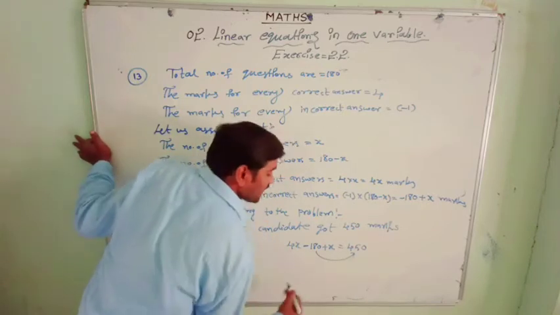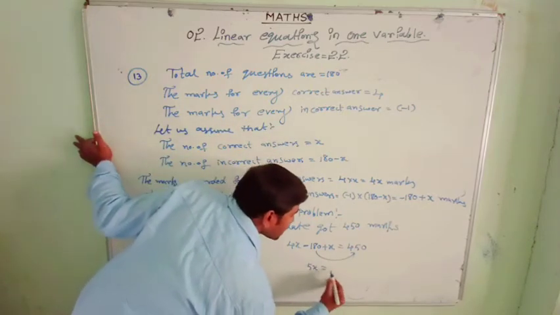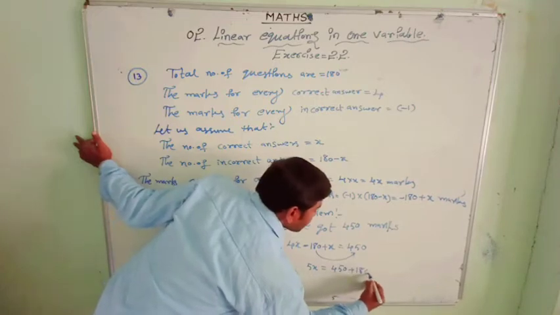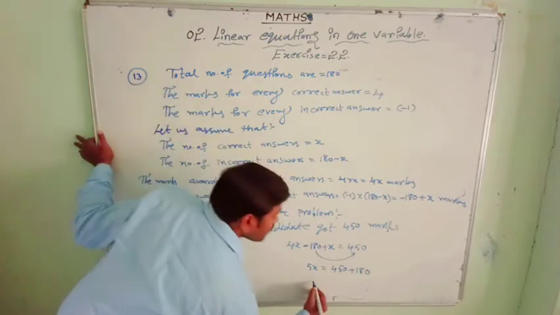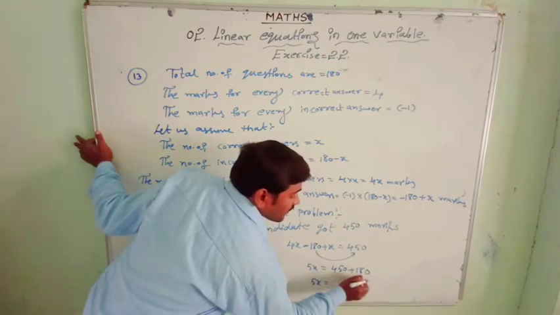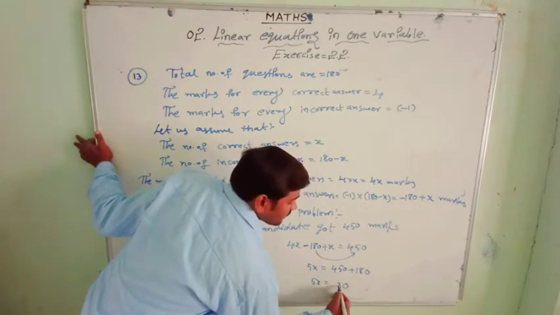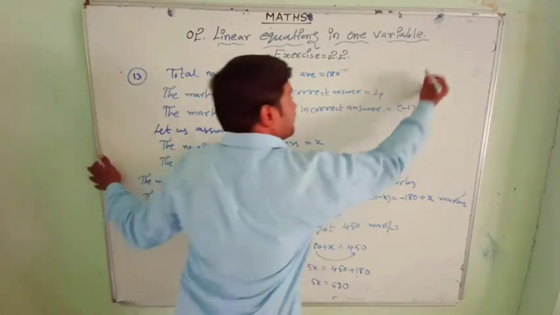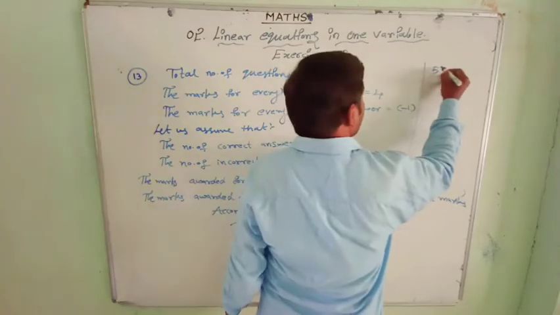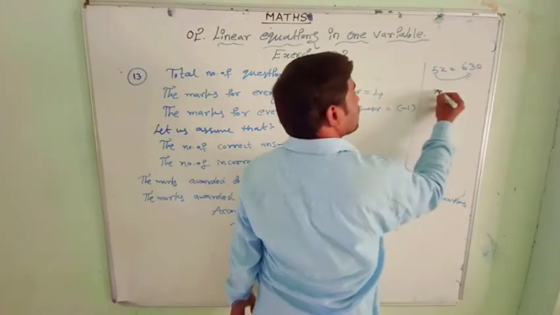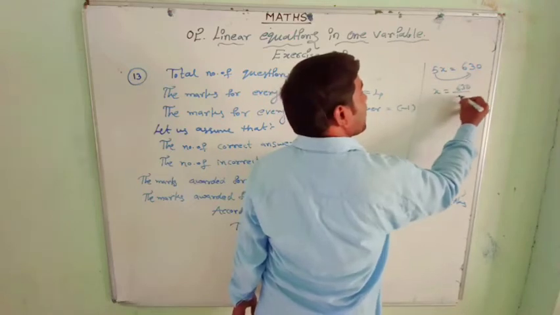This minus 180 will transfer to the other side. 5x equals 450 plus 180. 0 and 0, 8 plus 5 is 13, 1 carry, so 630. Then 5x equals 630, so x equals 630 by 5.